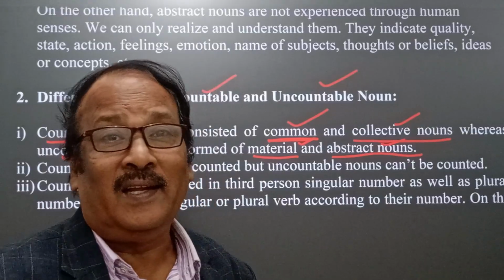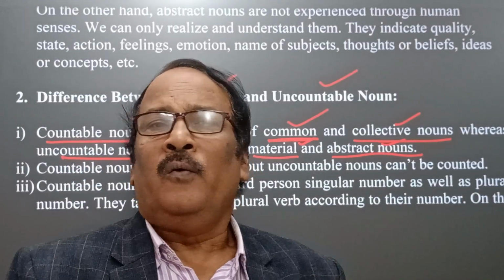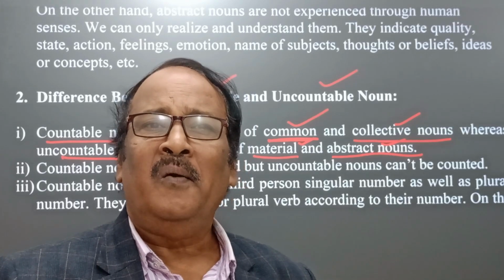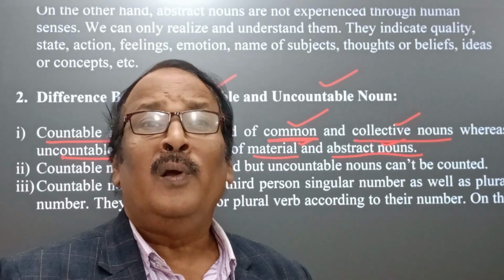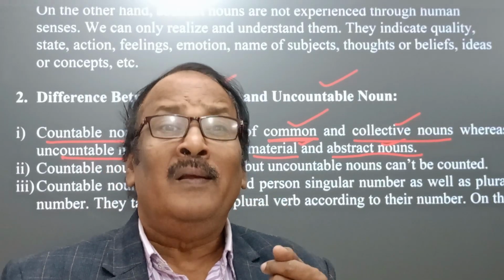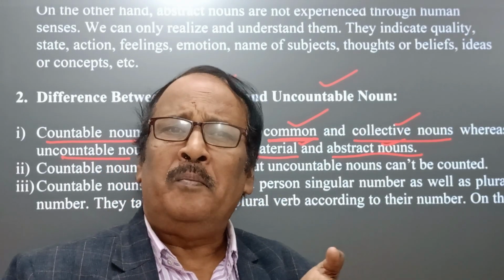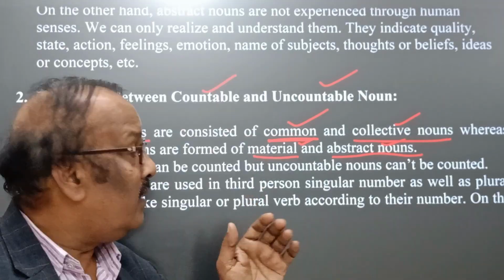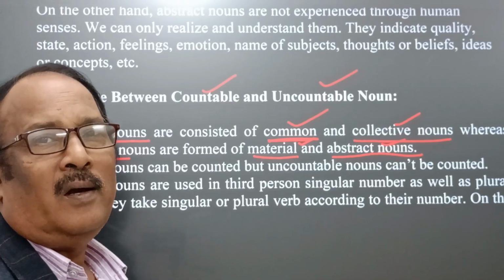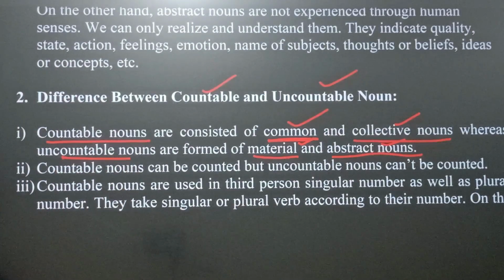You see here, we cannot count cement, sand, ghee, water, hydrogen, behavior, nature, darkness, love, knowledge, baggage, mathematics. All these cannot be counted by us. Therefore, they are uncountable nouns. And this is the difference.